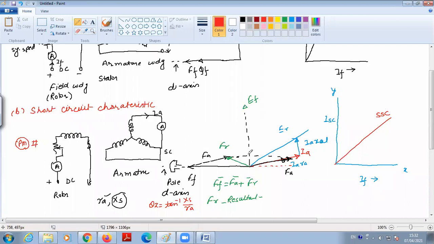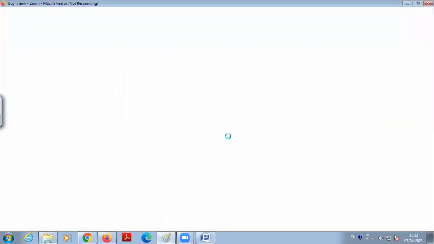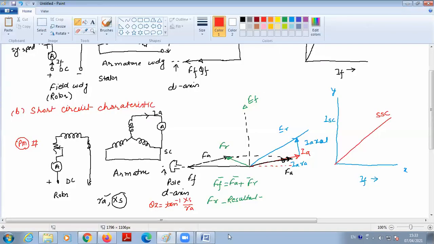The reason is, since the value of Fr is small, it does not saturate the field flux or field winding, field structure. As the value of Fr is low, it does not saturate the magnetic flux, and hence the characteristic is a straight line. So these are the two very important characteristics, the open circuit characteristic and short circuit characteristic.